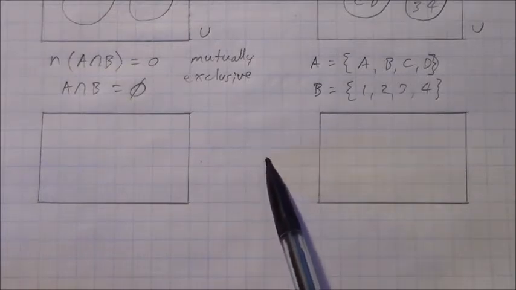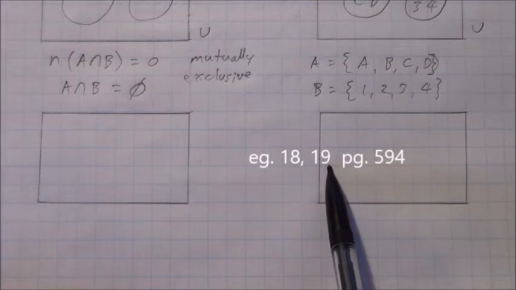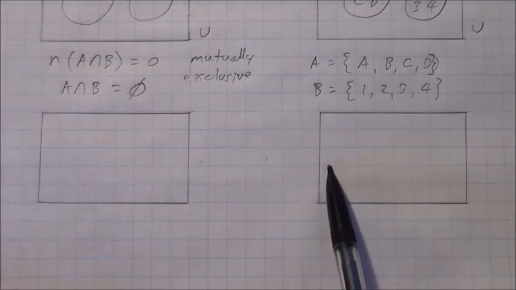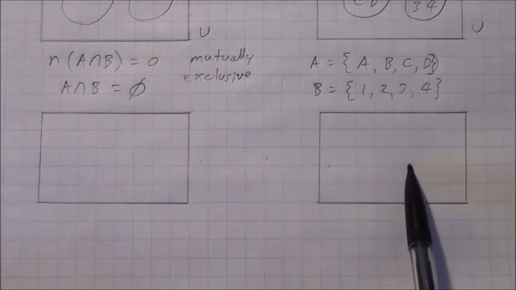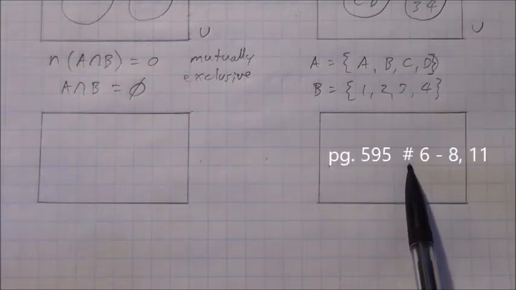Then look at examples 18 and 19 and listen to the self-tutor on page 594. Then you can draw the connection to see how those examples would be useful in solving exercises 6 through 8 and number 11 on page 595.